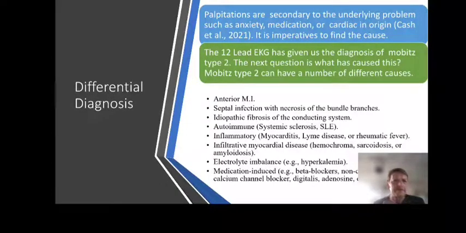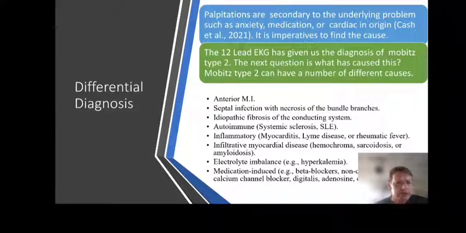Differential diagnosis. The palpitations are secondary to an underlying problem such as anxiety, medication, or cardiac in origin. It is imperative to find the cause of the palpitations. The 12-lead EKG has given us the diagnosis of Mobitz type 2. The next question is what has caused this? Mobitz type 2 can be caused by a number of different things.